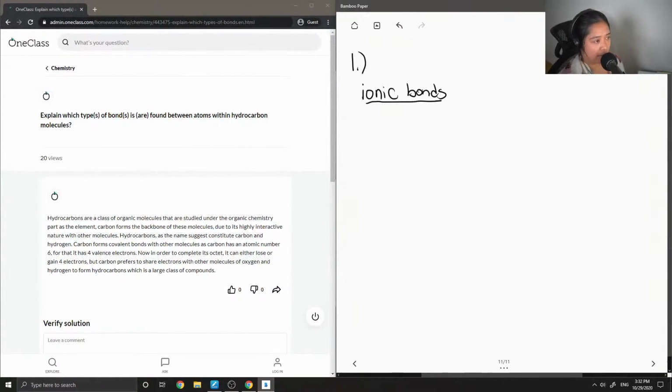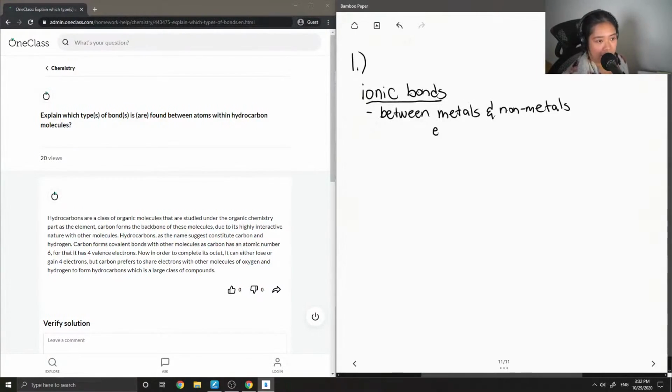So ionic bonds aren't found in hydrocarbon molecules because basically they're between metals and nonmetals. So both carbon and hydrogen aren't metals, so therefore they can't form ionic bonds.